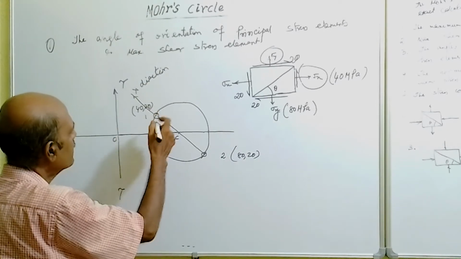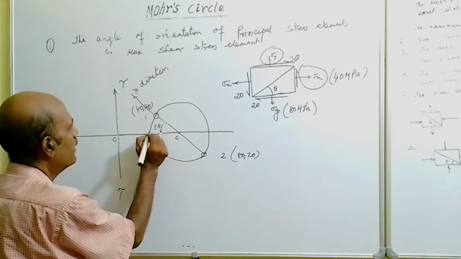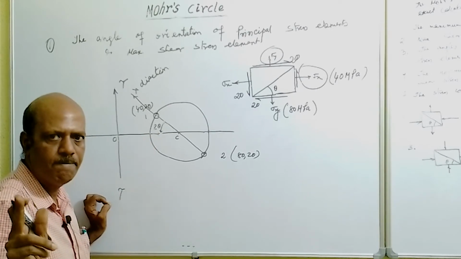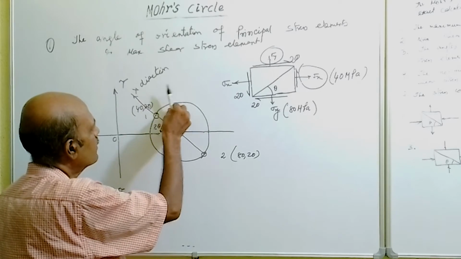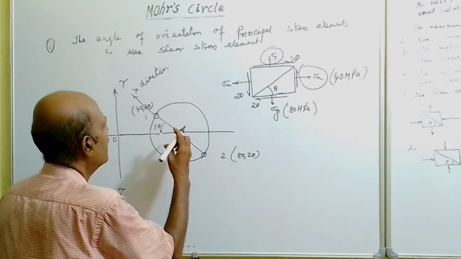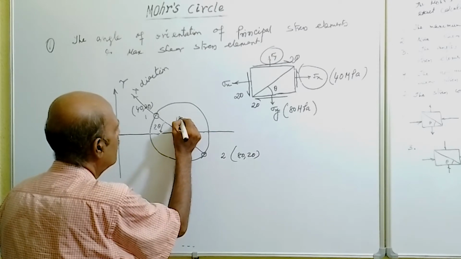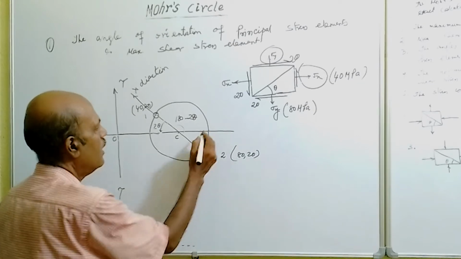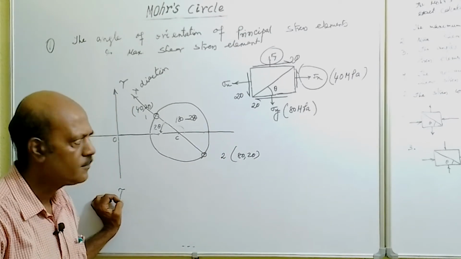So if we rotate the x axis in the anticlockwise sense, we will get this minor principal stress plane. And if we rotate the x axis by 180 minus 2 theta, then we will get the major principal stress plane.